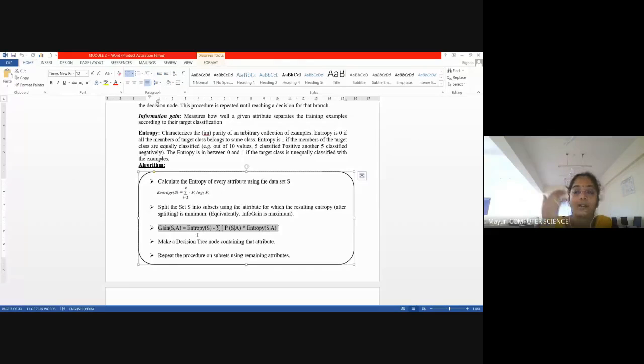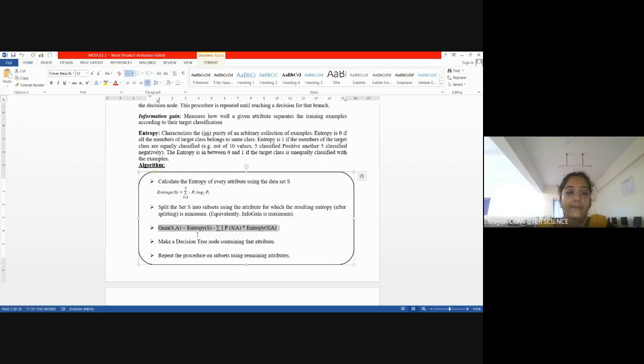If all 14 samples are completely classified with only yes or only no, you could see the last column completely yes or completely no, any one of the possibilities, then entropy will be completely 0.